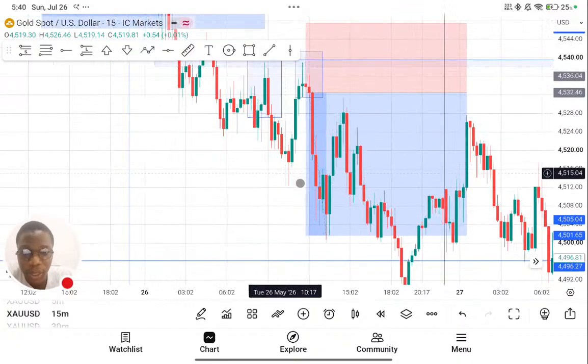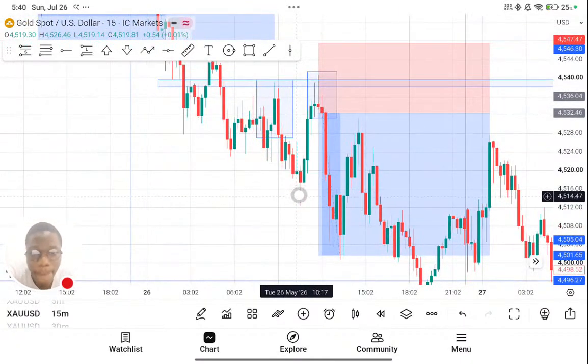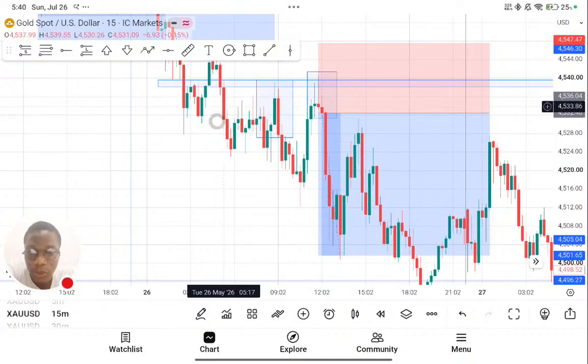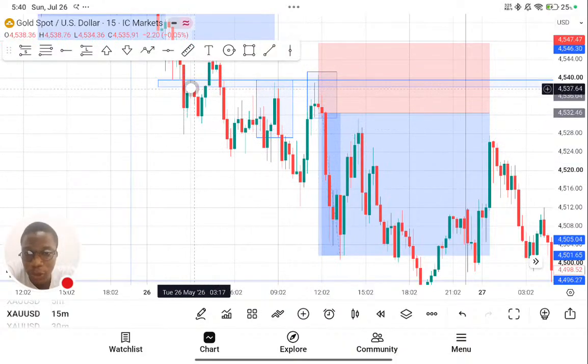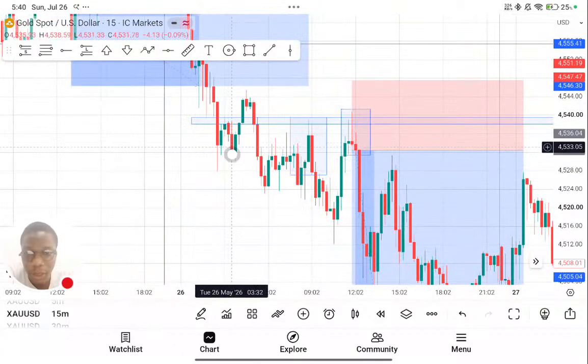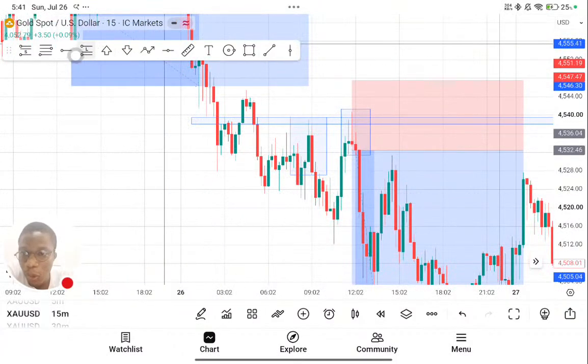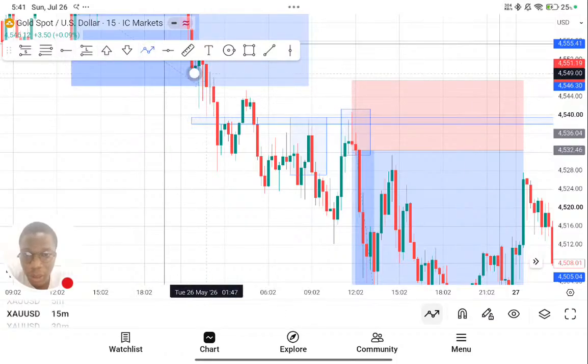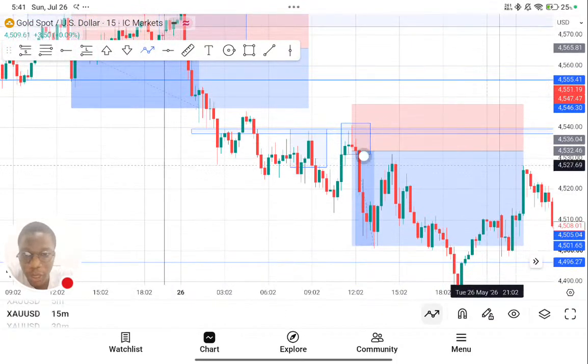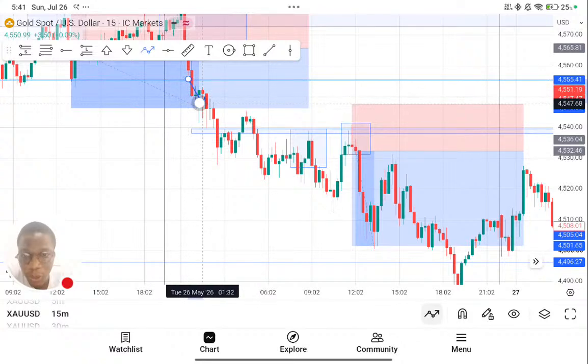So let me speak English for you about what happened. The market was supposed to sell here initially, but then it took out liquidity, came down, and made a new low. Look at the interpretation. I didn't just mark that one.